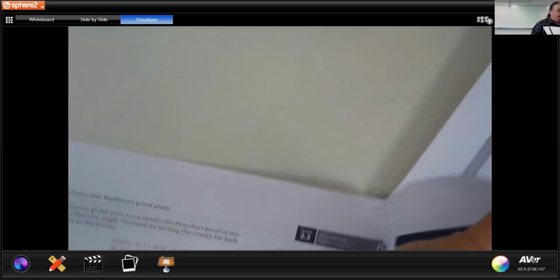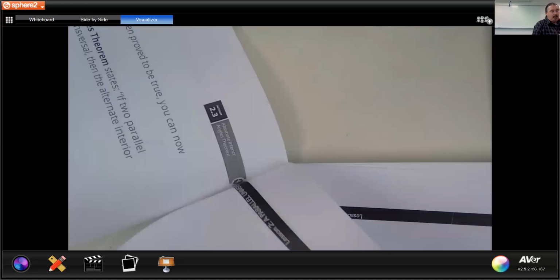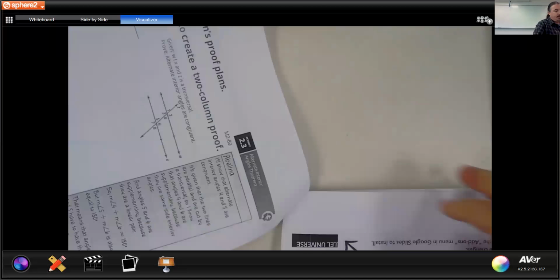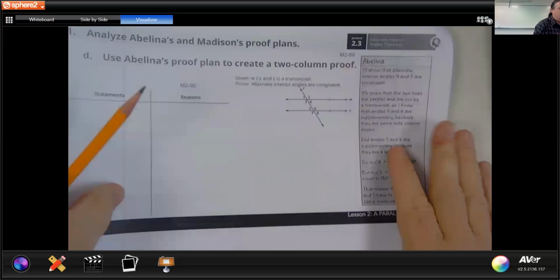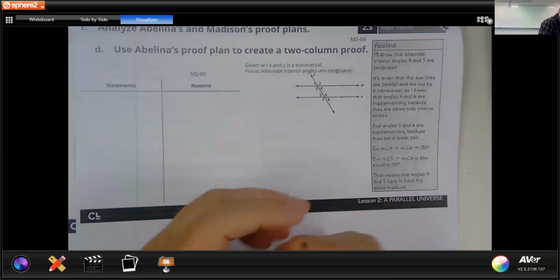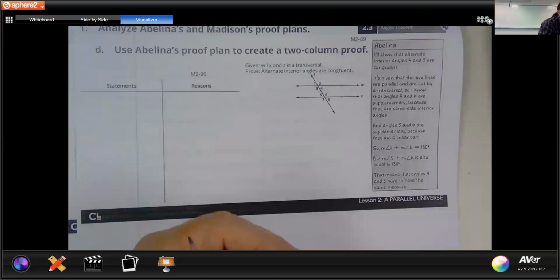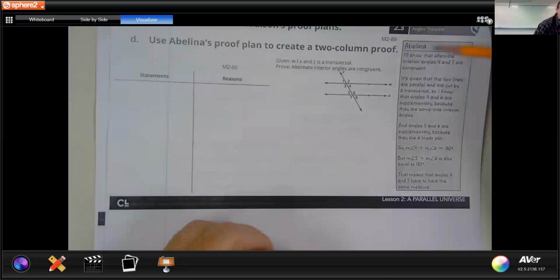The last part of the Nearpod I want you to go dig through. There we go. Annabella's proof. She got a 2-column proof here, and she went about it a little bit differently.